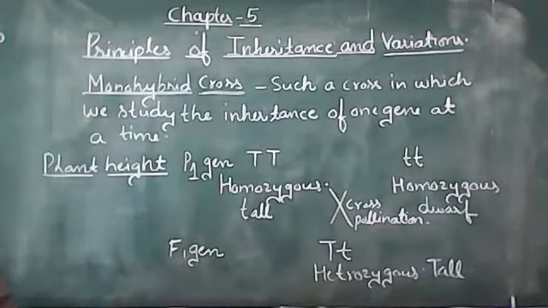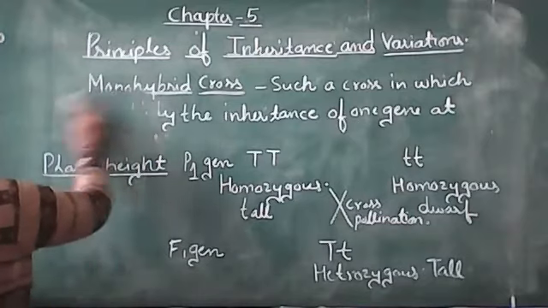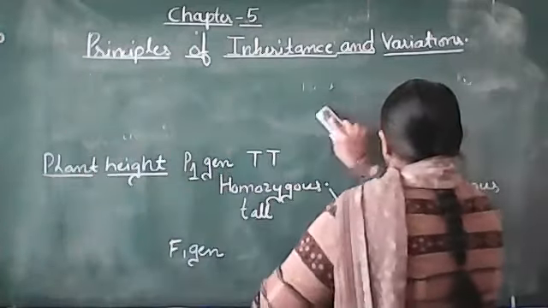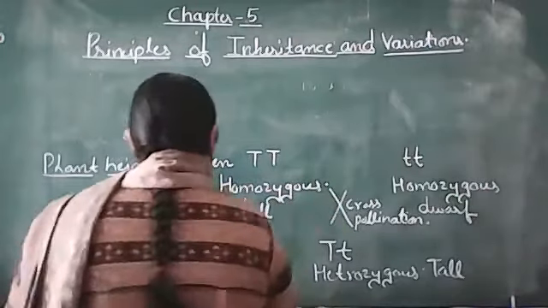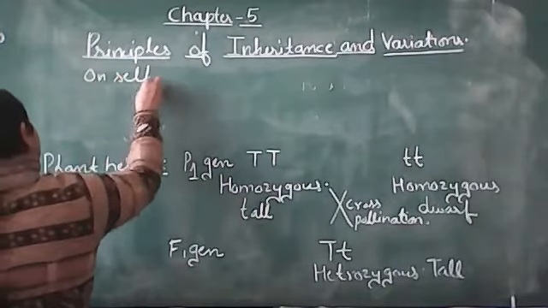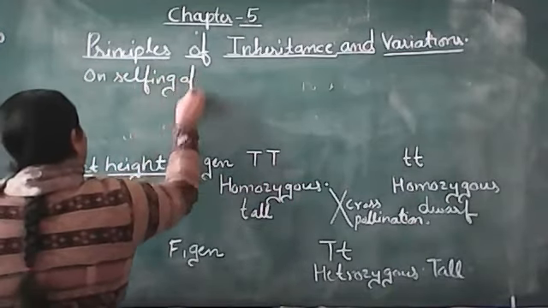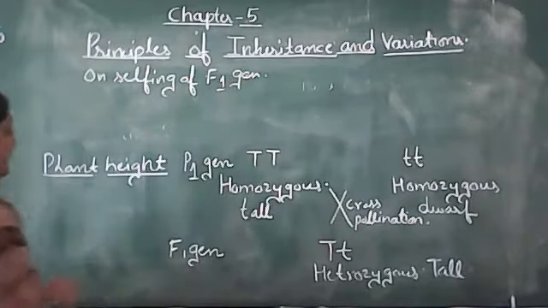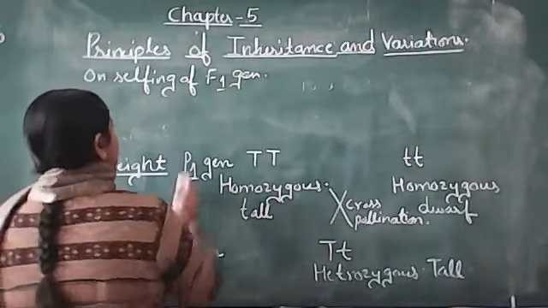Okay, students. So when we do the selfing of this F1 hybrid, then what do you obtain? So on selfing of the F1 generation, what do you get? We have three types of plants.